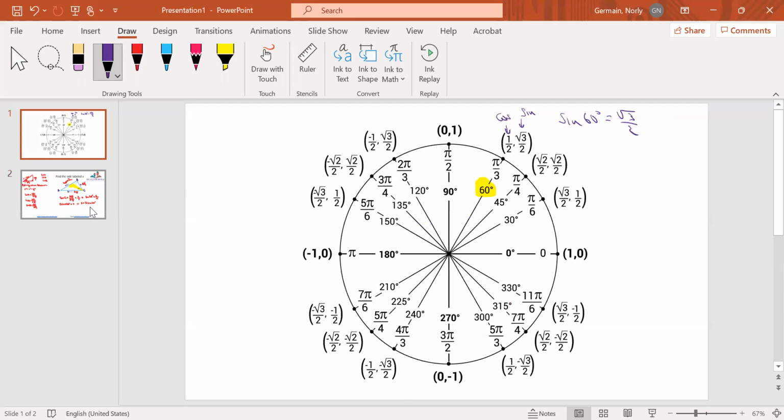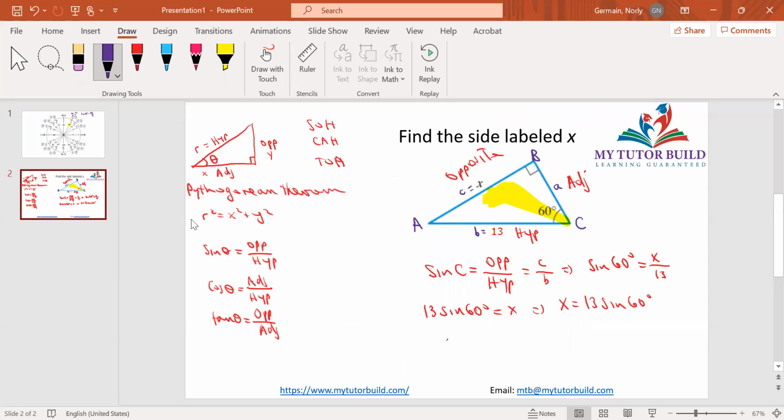So once I know what sine 60 degrees is, my x becomes 13 times square root of 3 over 2. Can we simplify? No. The best you can do here is to express this in decimal, but they don't tell us what to do, so we're going to leave it as an exact value: 13 square root of 3 over 2.